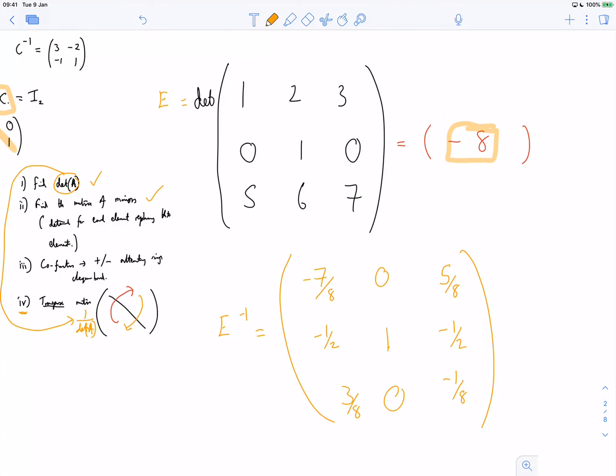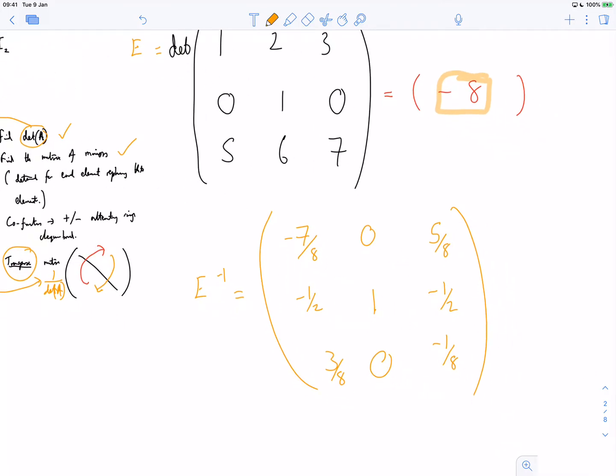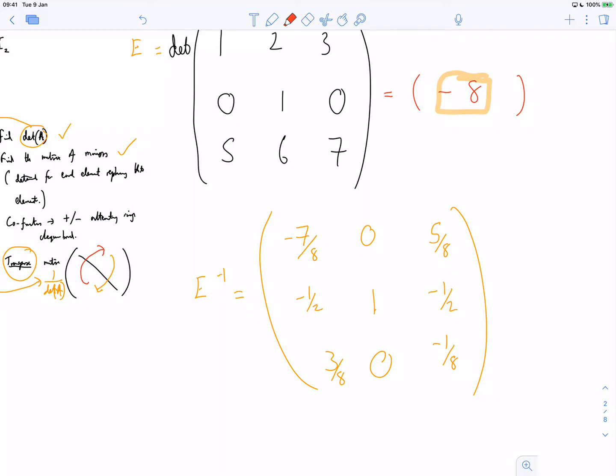Ah, there was a step I've done wrong. I forgot to transpose the matrix. For the transposition, I don't have to worry about the plus minus stuff because of symmetry. I take that matrix and then I need to swap these elements, swap these elements, and swap these elements. So 0 and minus half should be swapped.